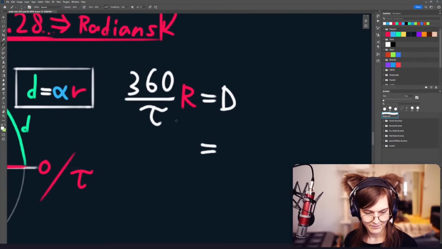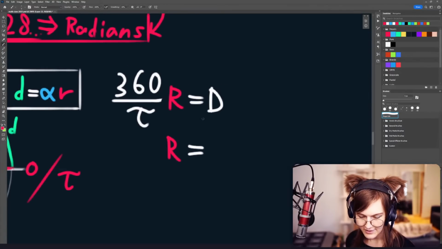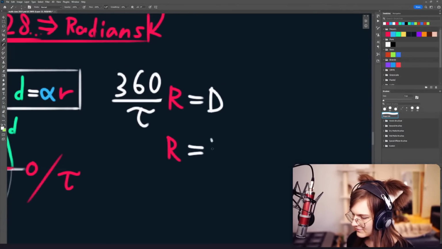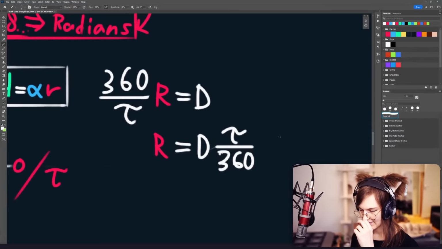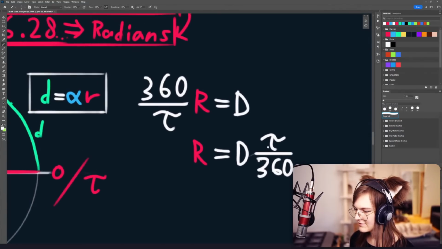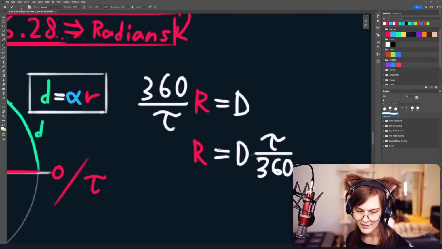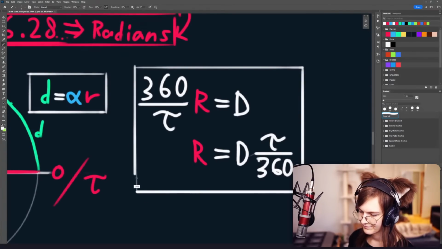So if you want to get radians from the degree value, you do degrees multiplied by tau divided by 360. Yeah, so this is how to convert between degrees and radians.